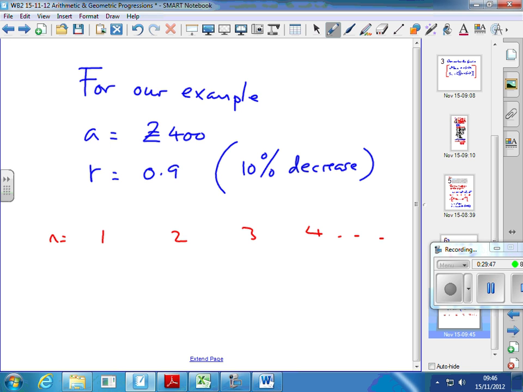So n equals 1, our first year, £400. Our second year is 360, take off 10% of that, 36, and it's 324.